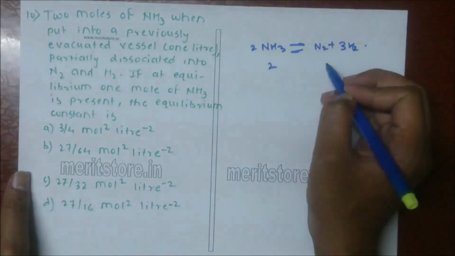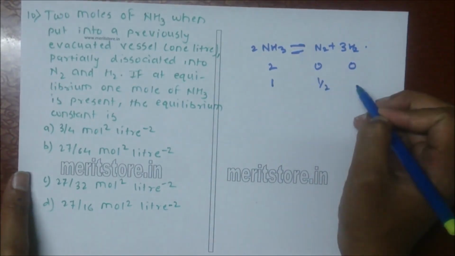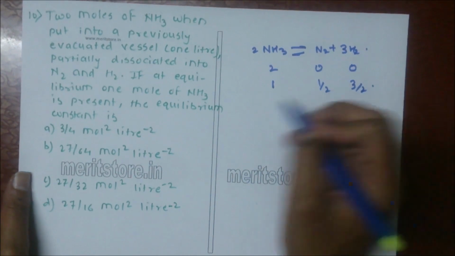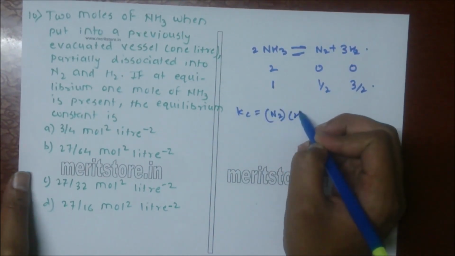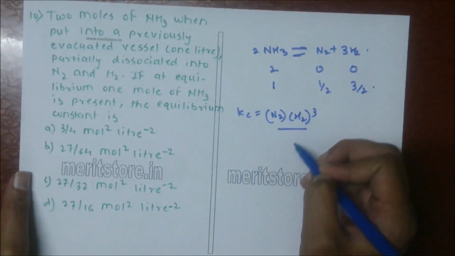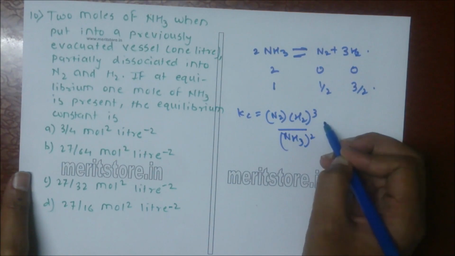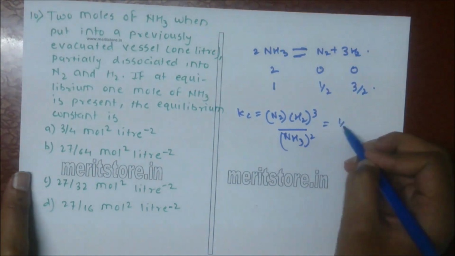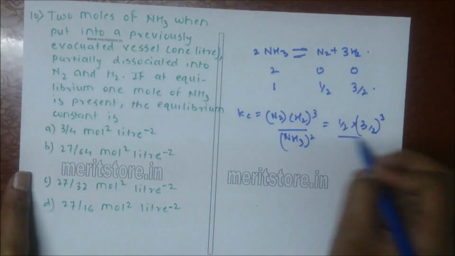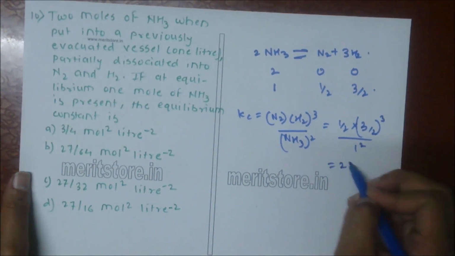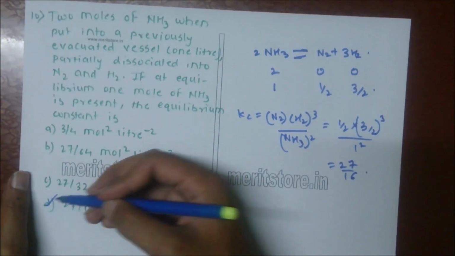Initial concentration is 2, 0, 0, and at equilibrium it is 1, 1 half and 3 by 2. So Kc is equal to [N2][H2]^3 upon [ammonia]^2. Substituting the value, we get half into 3 by 2 raised to 3 divided by 1 square is equal to 27 by 16. So option D is the correct option.